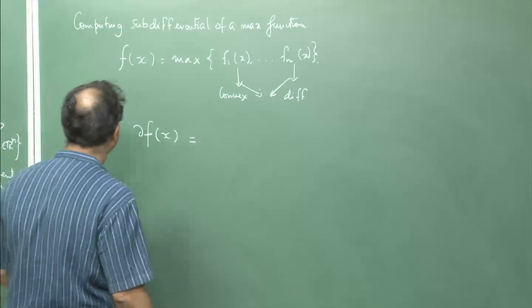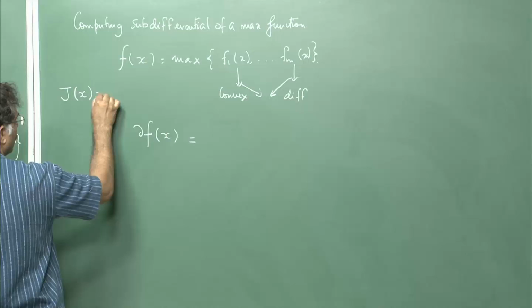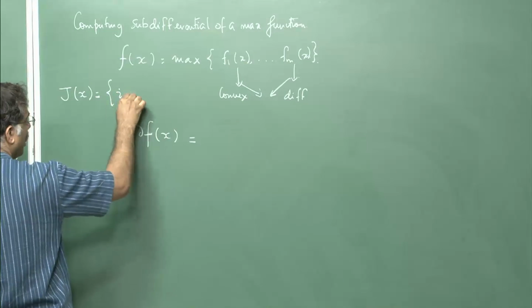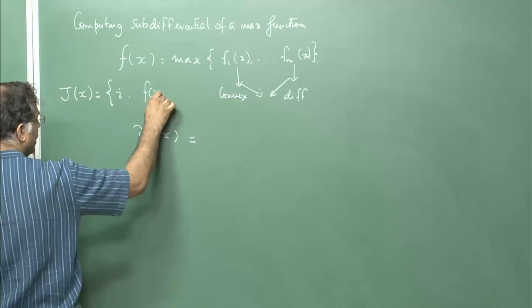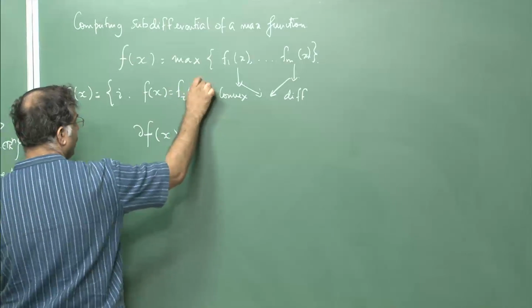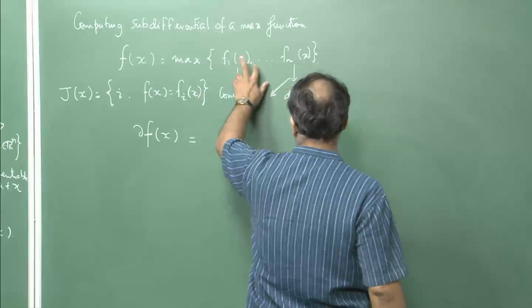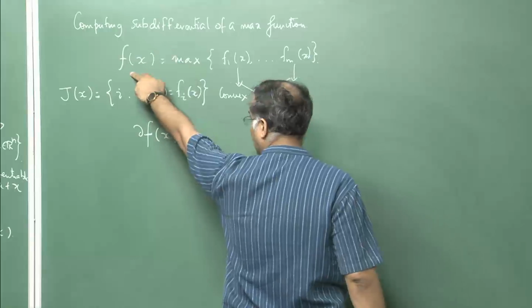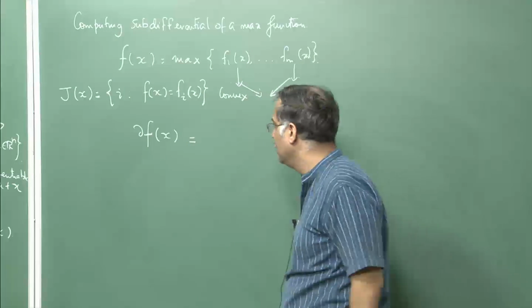First, for a given point x, you construct this set J x, which consists of all the indices i chosen from 1 to m for which f of x equals f i of x, because here I have a finite number of functions. So, once I plug in an x, at least one of them must be equal to this, because f x is the max value among all these.